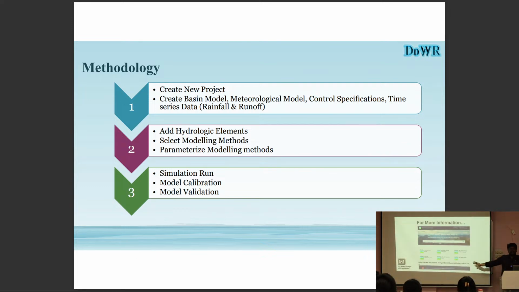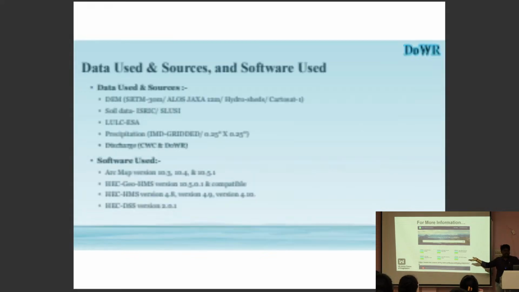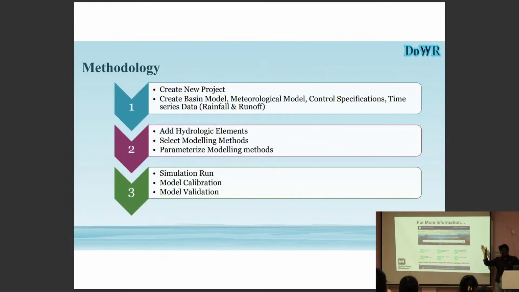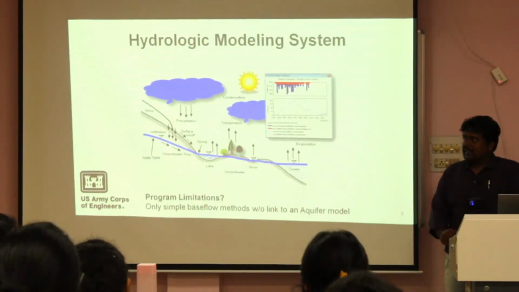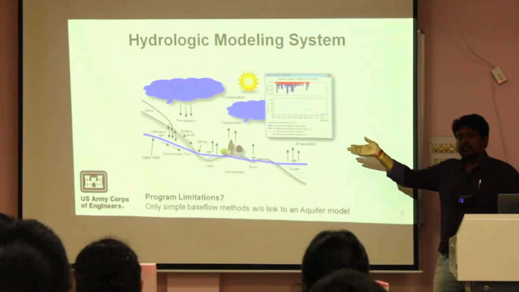So this is the interface of HMS. You can search in Google and reach this point. And HEC, as I told, has multiple software, like 17 software tools on different aspects. I am showing here the hydrologic modeling system. So these are the hydrologic cycles, you know all.